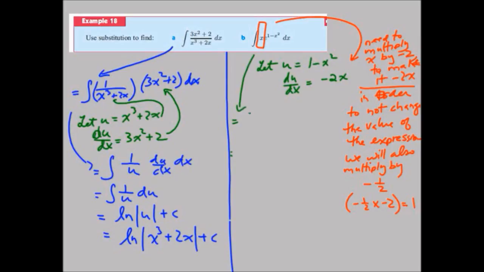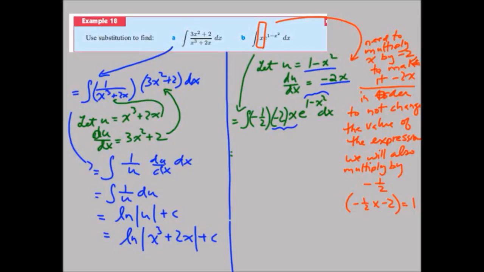So let's write down what we have. Integral of negative 1/2 multiplied by negative 2x e to the power of 1 minus x squared dx. Okay, so here's our negative 2x that we need for this, and here's our u value.